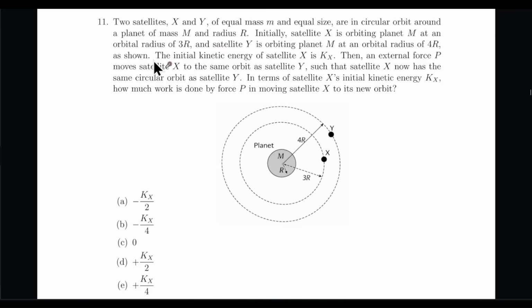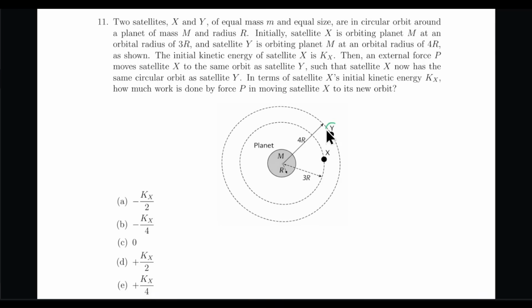Then an external force P moves satellite X to the same circular orbit as Y. In terms of X's initial kinetic energy, how much work is done by force P in moving X to its new orbit? Okay, so the work done is basically the change of mechanical energy, right?